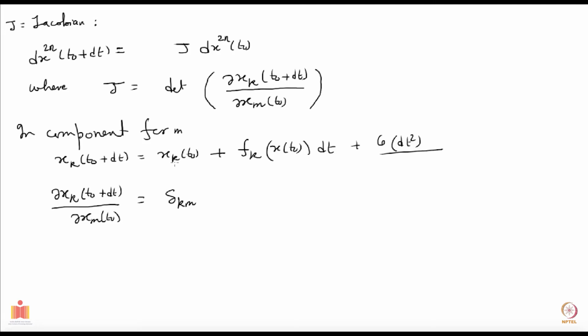Only when k and m are equal, this is going to give you 1, plus the derivative of f with respect to x_m, so del f_k over del x_m. I will drop this x of t0 for ease of writing and clarity, but that argument is there, and you have a dt here.